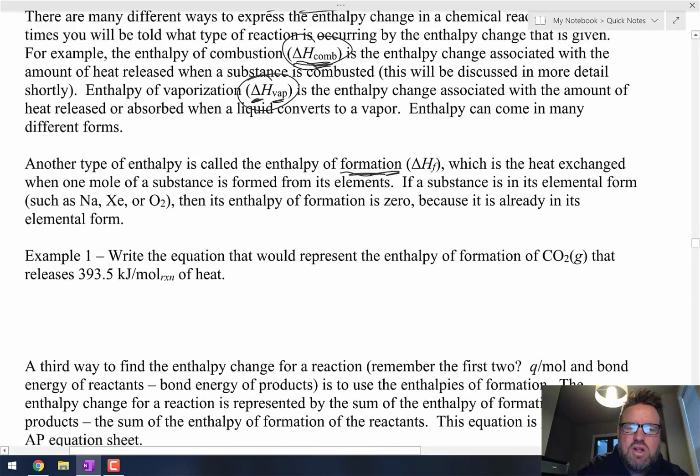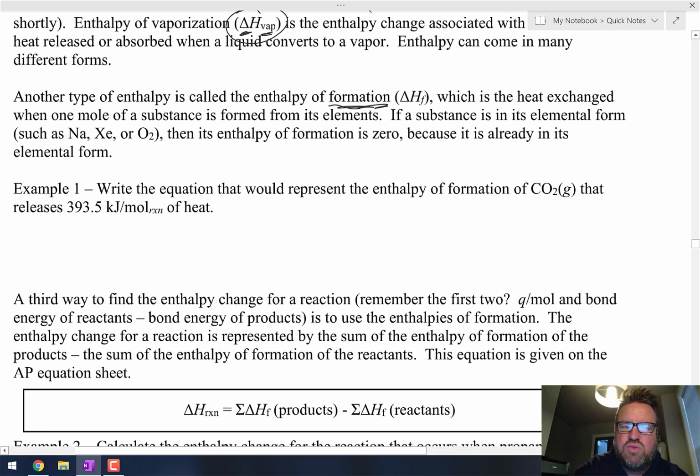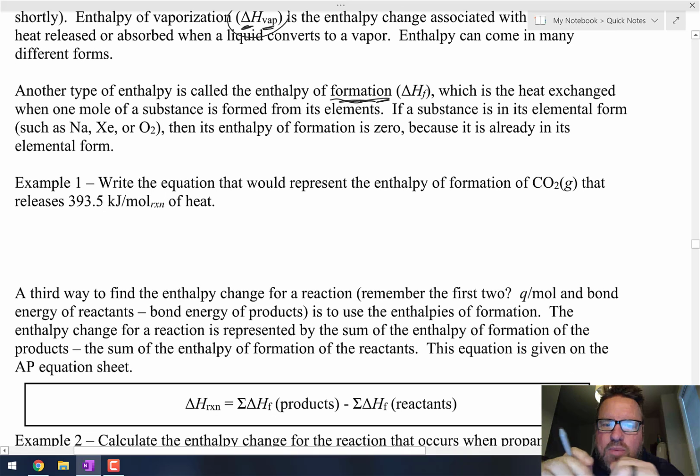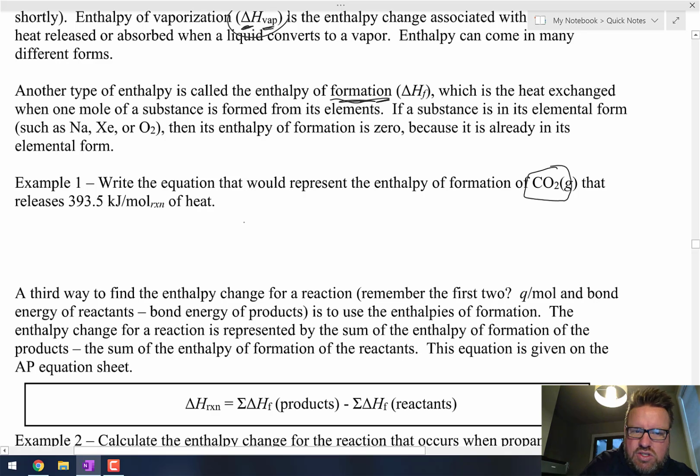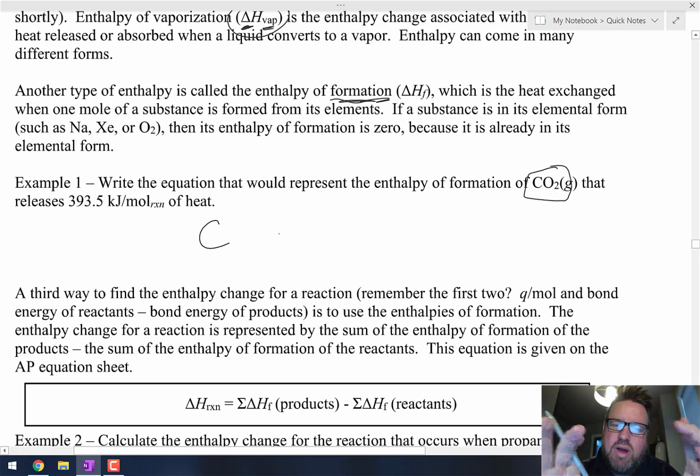So what does this look like? Well, example 1 says write the equation that would represent the enthalpy of formation of CO2 that releases 393.5 kilojoules per mole of reaction of heat. Okay, so we have to form CO2 from its elements. So what does that mean? It means you write C, and again, really all you're thinking about here is which ones are the diatomic molecules.